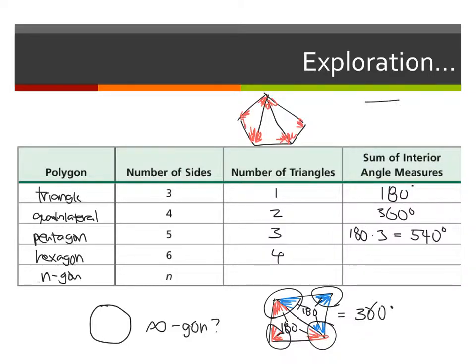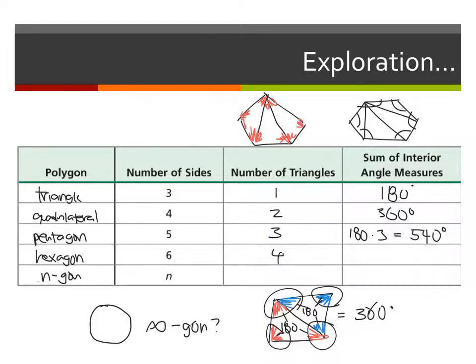And you can see that if you have a hexagon, we can split up the hexagon into 4 triangles so that the interior angles of the triangles can cover the interior angles of a hexagon. Can you see that?